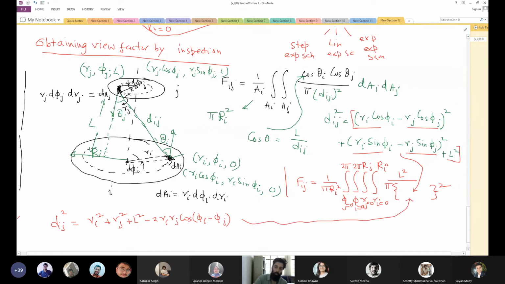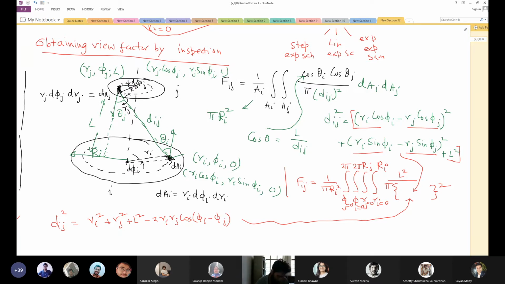Okay. So this kind of integrations appear for all those view factor integrals. It's a little bit tedious to evaluate, so we'll not evaluate that. You will find the formula given in your text. Okay. So this is typically how you get the view factors. Any question on getting the view factors?